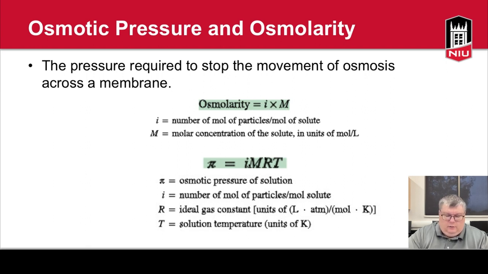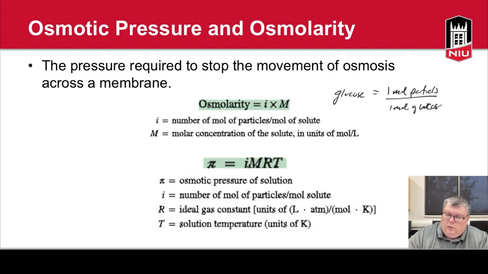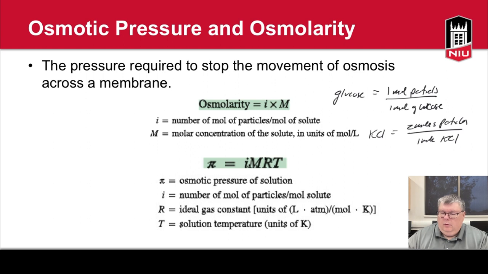In other words, glucose gives us 1 mole of particles for every 1 mole of glucose, or KCl gives us 2 moles of particles for every 1 mole of KCl. So that's what i is. i tells us the number of particles per mole of solute.